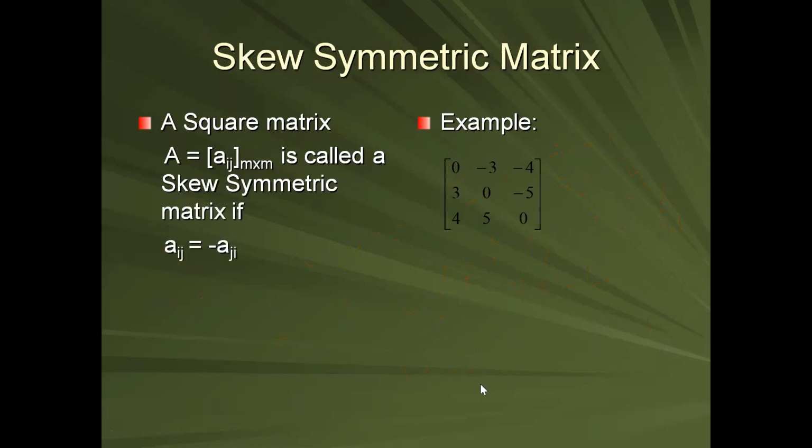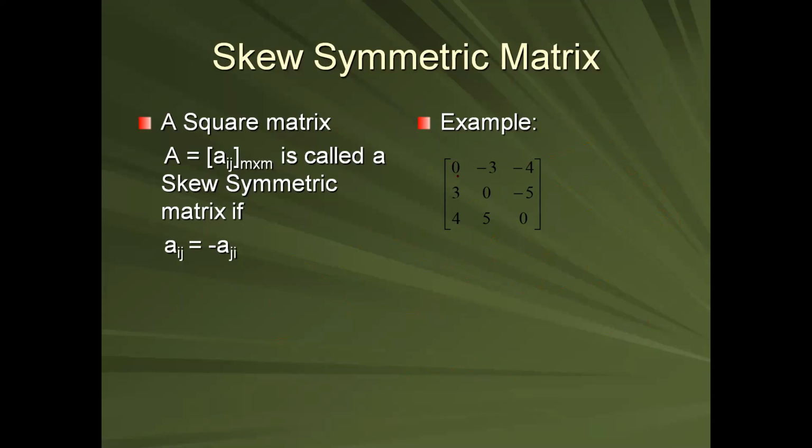Now, skew symmetric matrix. In symmetric, first row was same as first column. Skew symmetric means first row is same as first column but the sign is different.